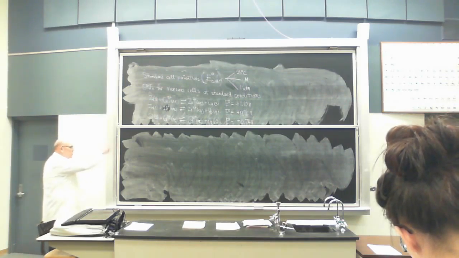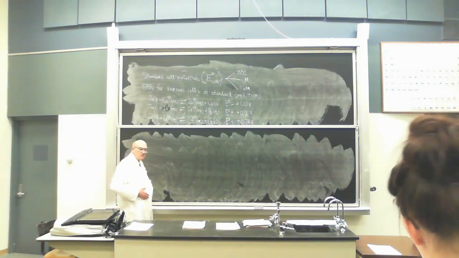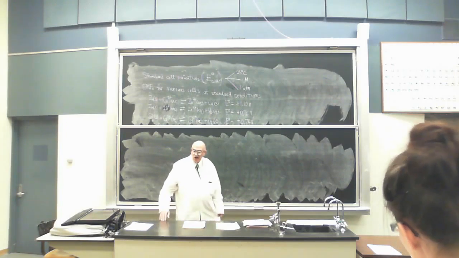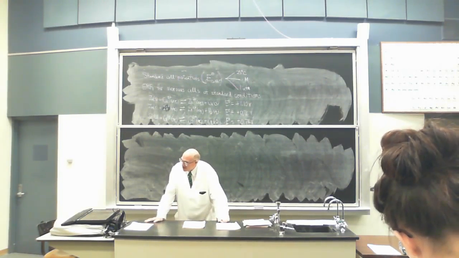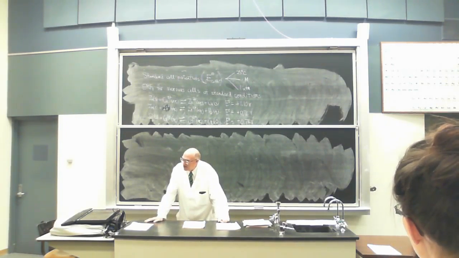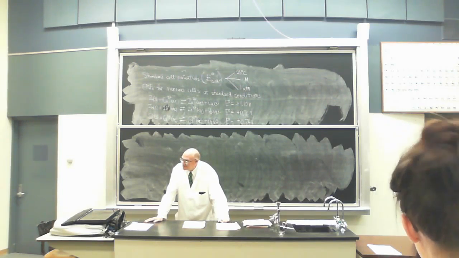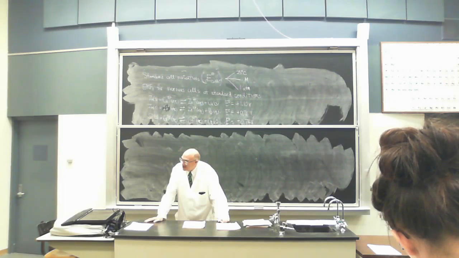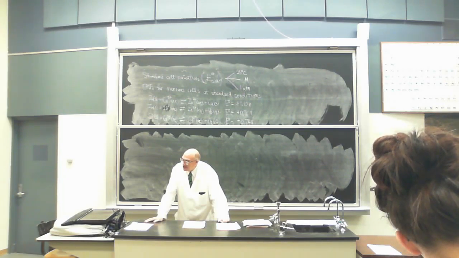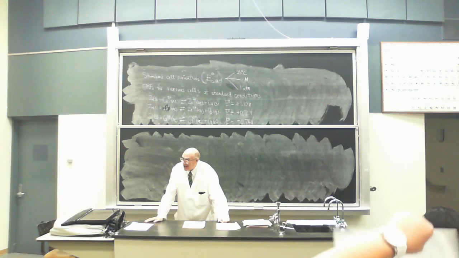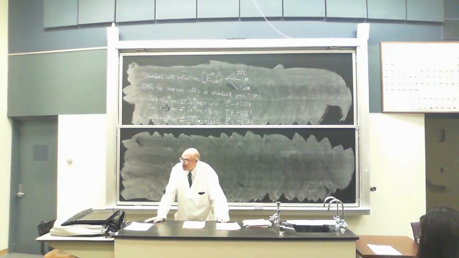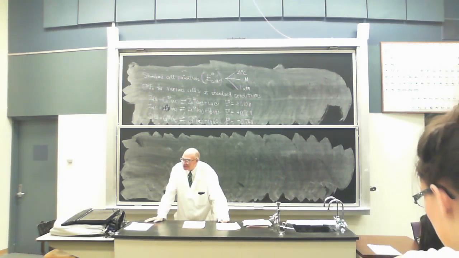In every redox equation, you've got two half reactions. It would be nice if we could set up a table that had just half reactions in it. If we had a value for each half reaction, then we could combine them to get a whole reaction. And all we'd have to do is tabulate the half reactions.